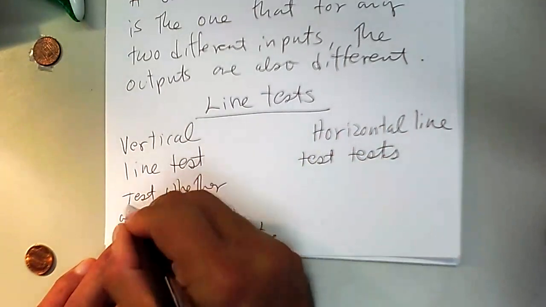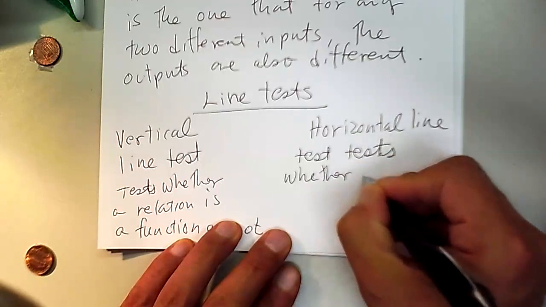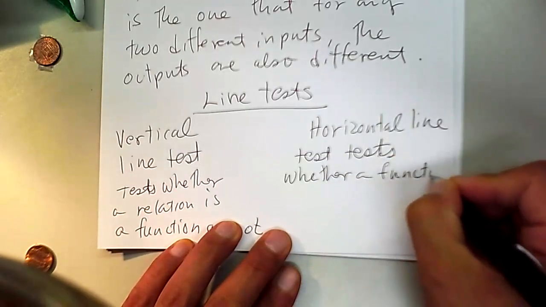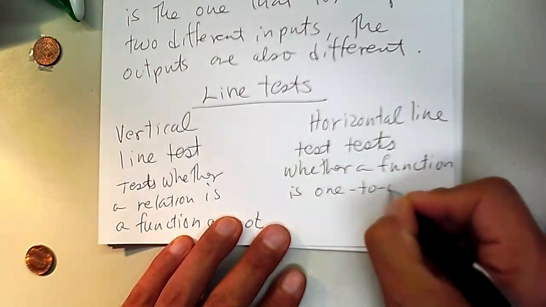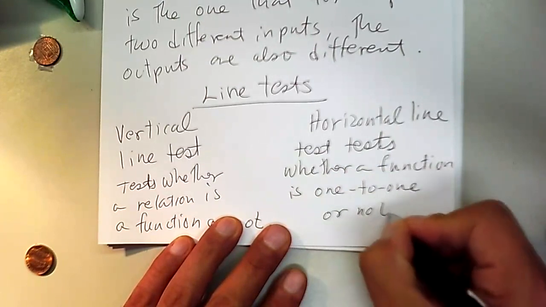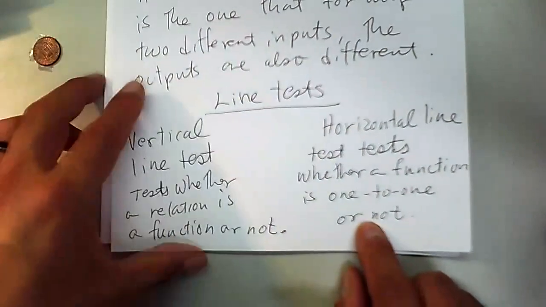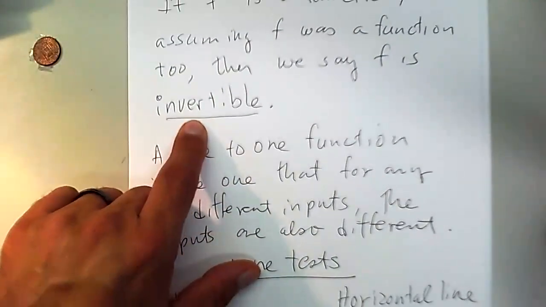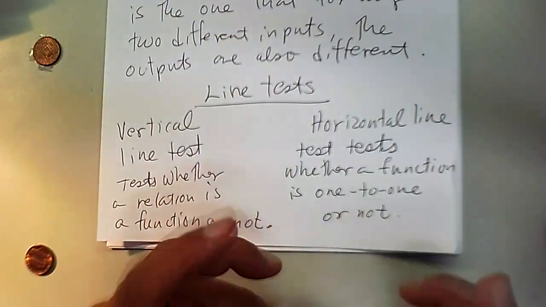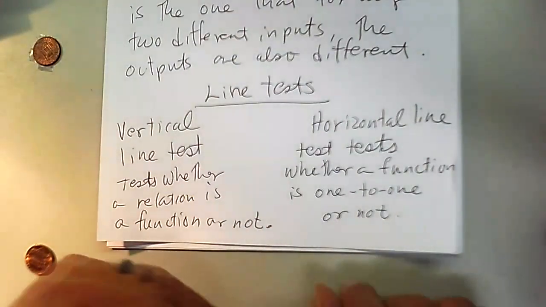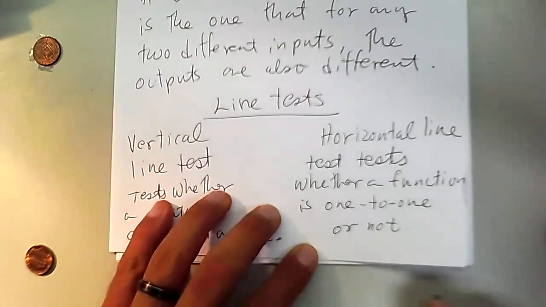Here I didn't put an S, tests whether a function is one-to-one or not. By the way, one-to-one turns out to be exactly the same thing as invertible. So that's another place where we could get confused. One-to-one is the same thing as invertible. It turns out to be the same.